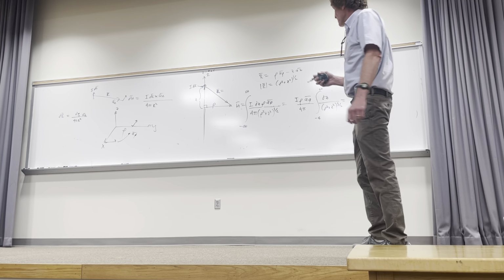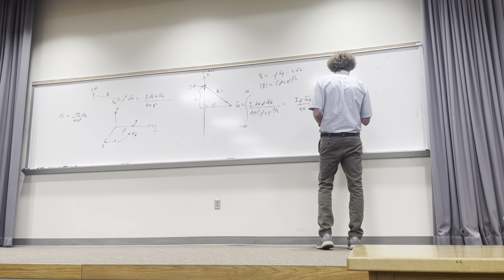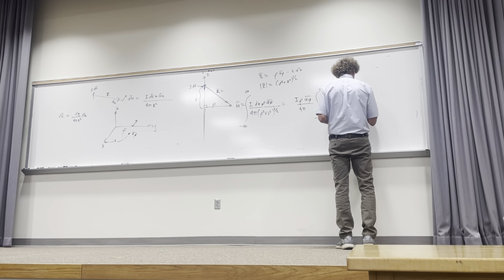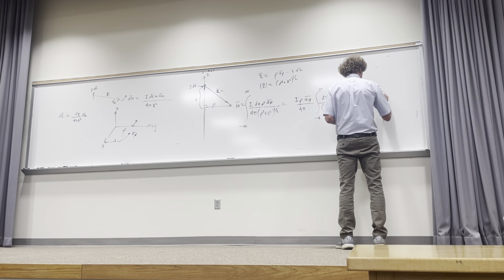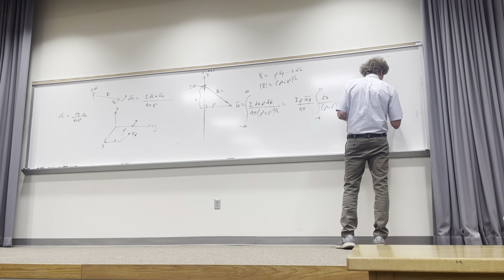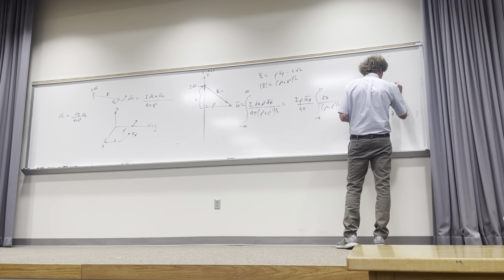I'm not going to mess around with that right now, and it will be over 4 pi. And then you're going to have z over rho squared times the square root of rho squared plus z squared. And here z is going to go from minus infinity to infinity.